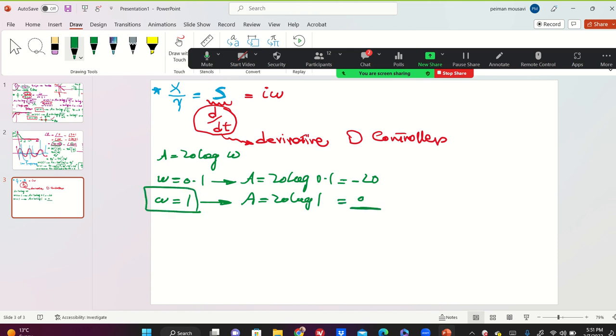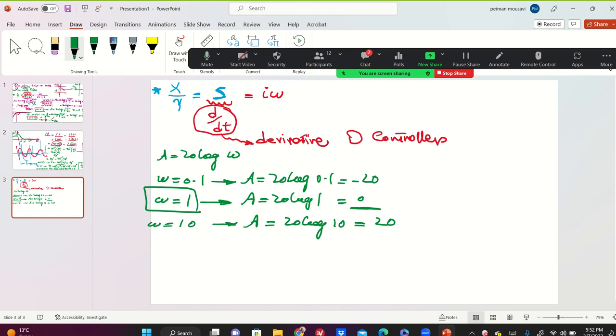See here, we don't have that cutoff frequency here. Exactly 0, not minus 3. Say a large number, 10 to the power of 2, A is going to be 20 log of 10 to the power of 2. Let me put first this 10. It's going to be 20. Here we go.